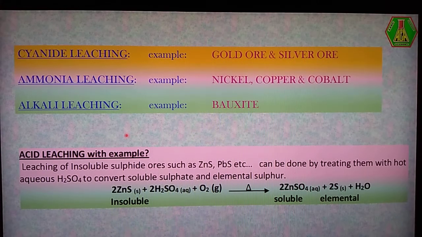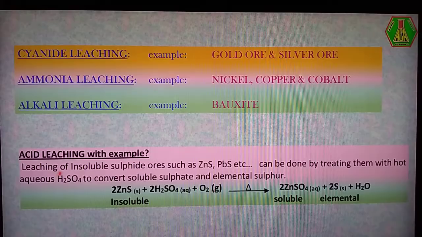Just see here, the leaching of an insoluble sulfide ore, zinc blende, galena, can be done by treating with hot aqueous sulfuric acid to convert it to soluble sulfate and elemental sulfur.